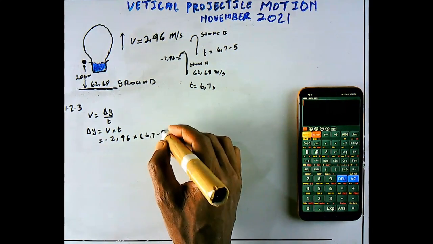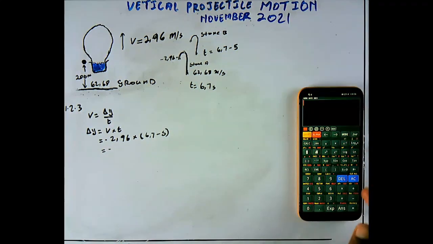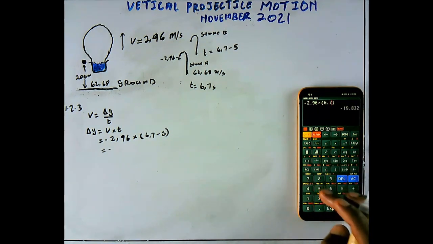6.7 minus 5, so negative 2.96 multiplied by 6.7 minus 5.